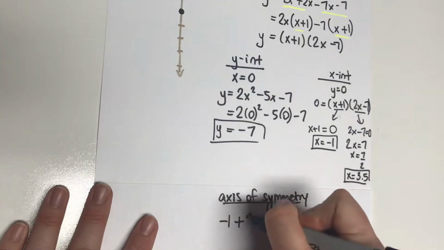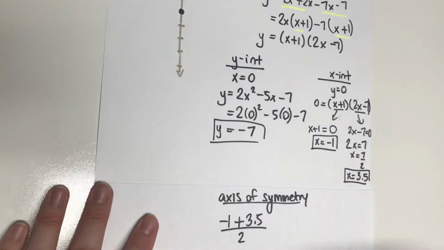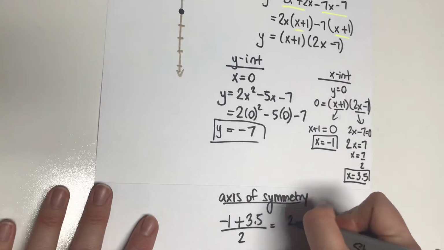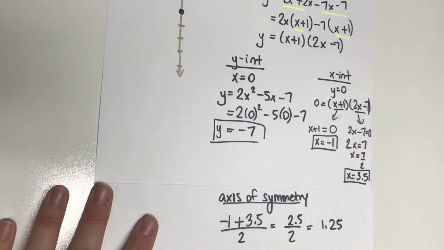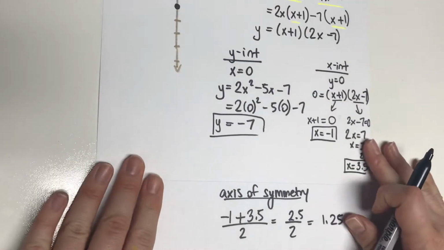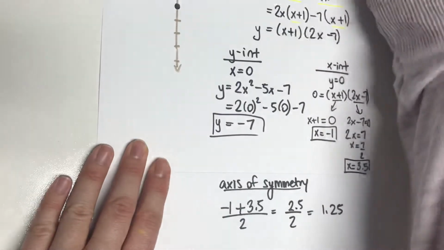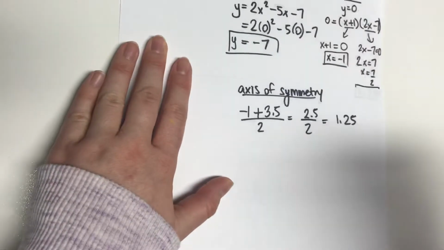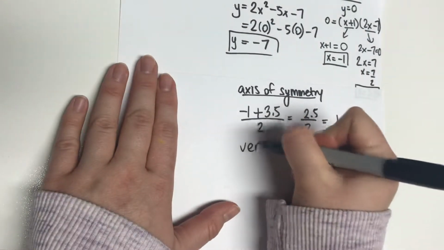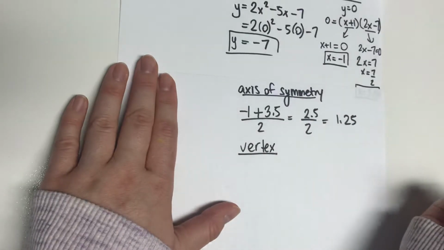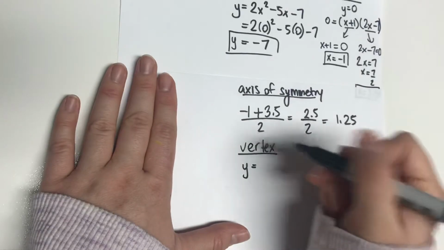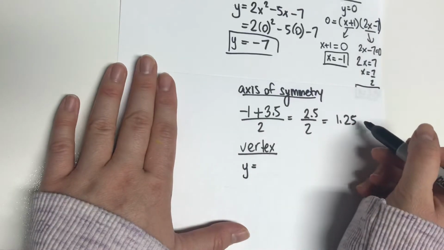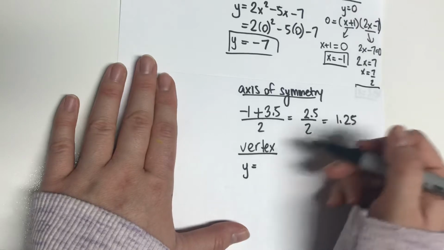So -1 plus 3.5 is 2.5, divided by 2 gives me 1.25. So that's going to be my axis of symmetry. And that's what I'm going to input into the equation to find my vertex. Again, you can use either the standard form equation or the factored equation. It really doesn't matter. I'm going to use the factored equation. So instead of x, I'm going to put 1.25.